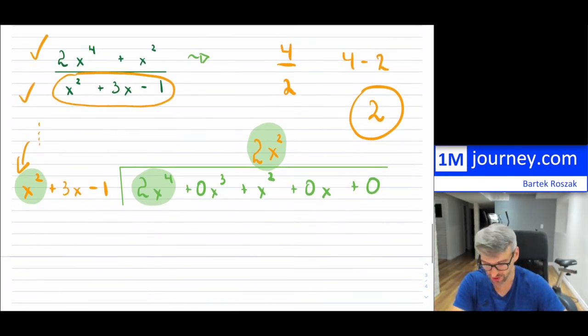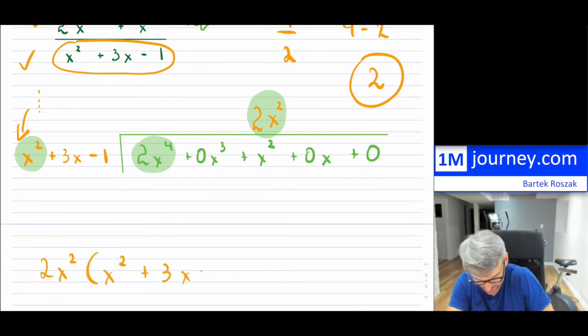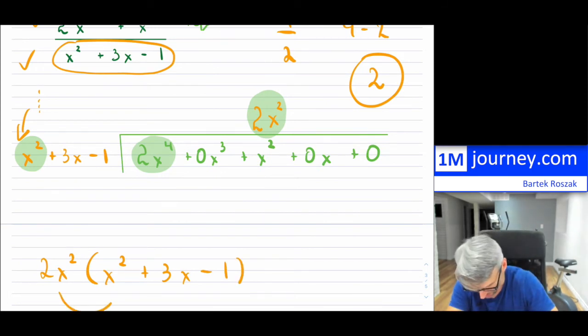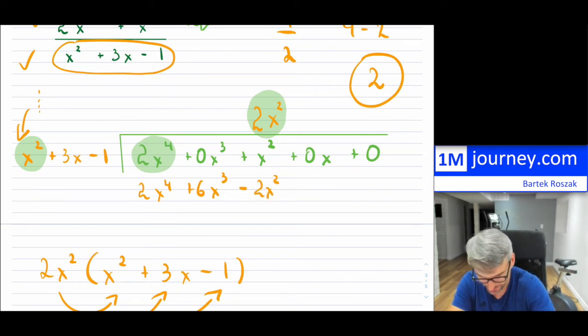So I'm going to take this 2x squared and multiply it by this junk, one by one. My first multiplication gives me 2x to the fourth. My second gives me plus 6x to the third. And my last one gives me minus 2x squared.